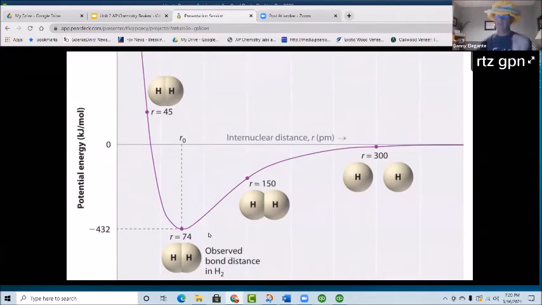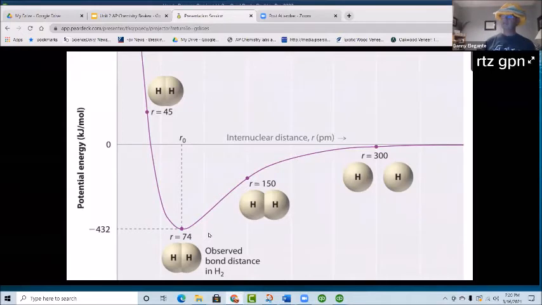If they get to some happy point, that's great. That would be where R is equal to 74 on the graph. But if you've ever had somebody get up in your face and be like a close talker where they get right up on you and try to talk to you and you back up, they're like, hey, back up there. That's what's going on where the R is equal to 45. There's actually a force of repulsion.